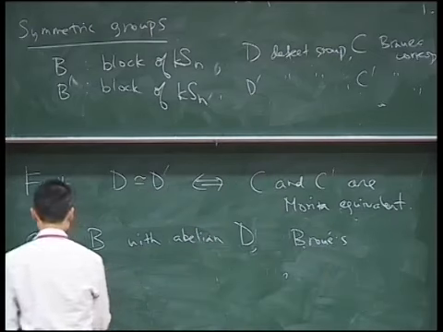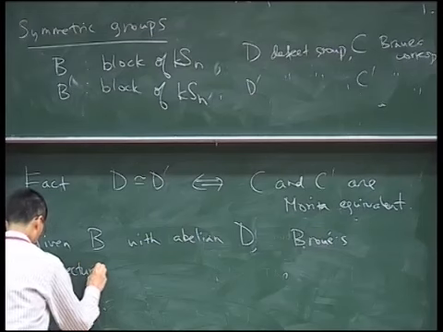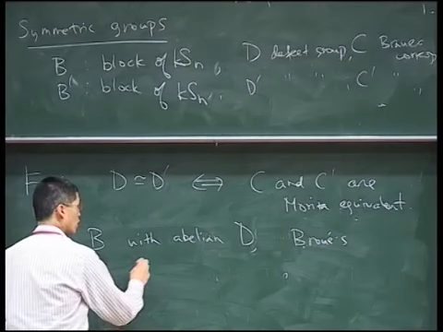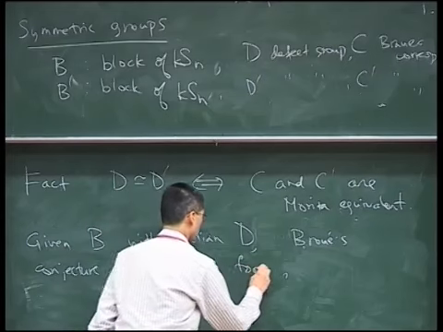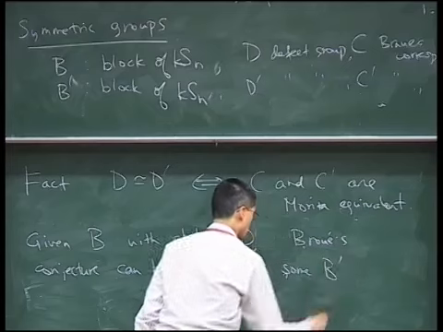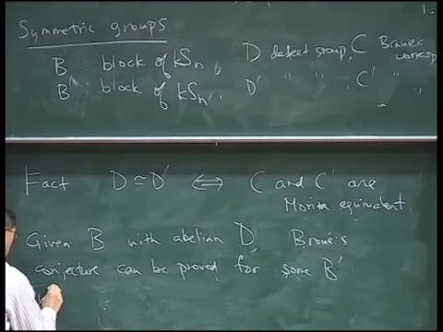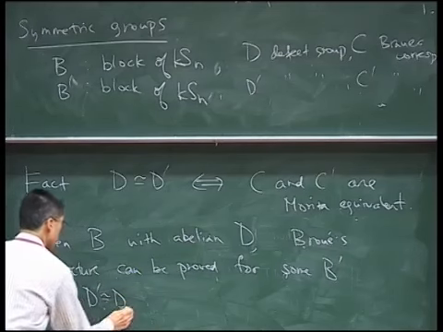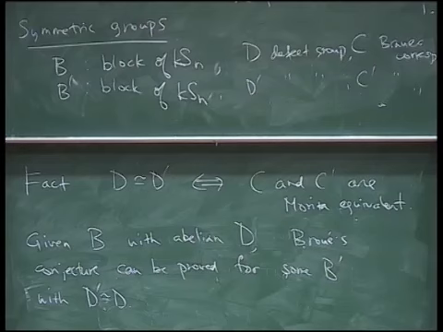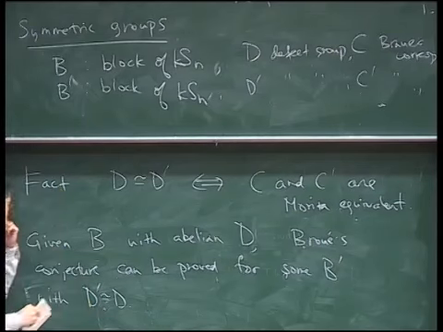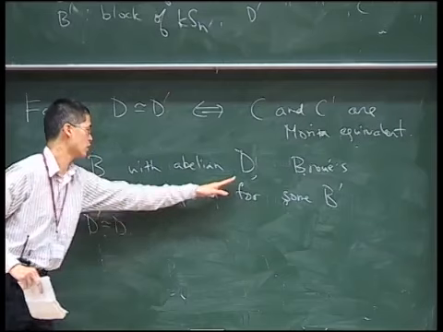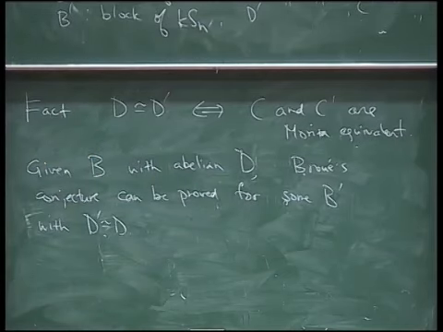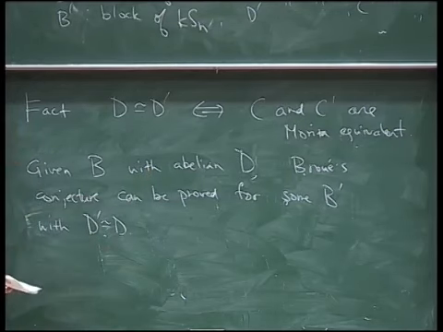Broué's conjecture can be proved for some other block with the same defect group, and it can be chosen in such a way that it is relatively easy to prove.